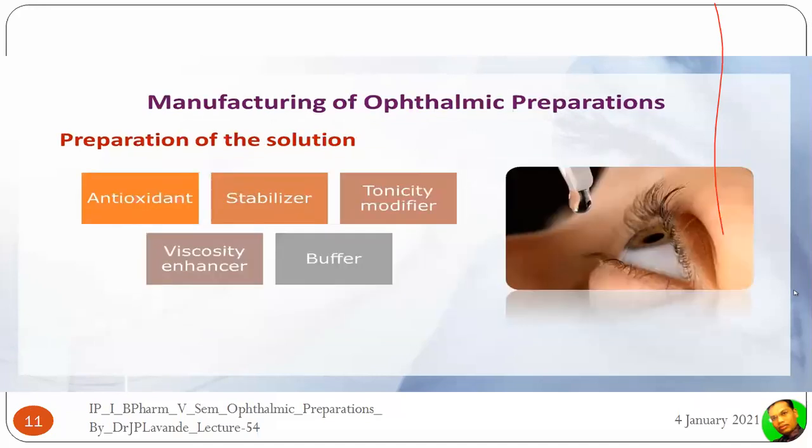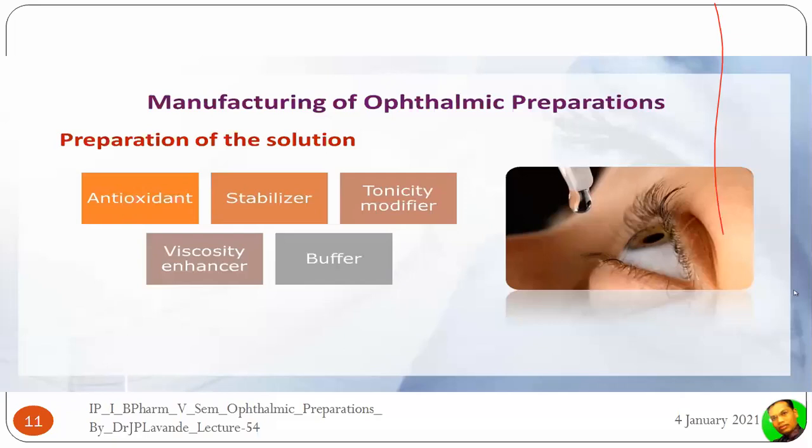Then, in order to prepare this solution, which is the very first step, we require various kinds of ingredients and excipients. So what are the different excipients or ingredients that we want in order to prepare the ophthalmic eye drop dosage form? We require antioxidants, stabilizers, tonicity modifiers, viscosity enhancers, and buffers. All these have their particular purpose.